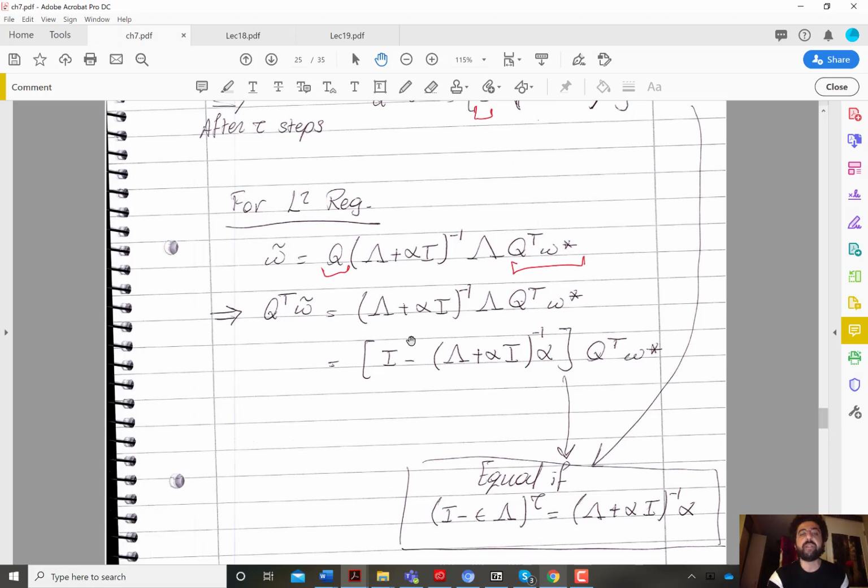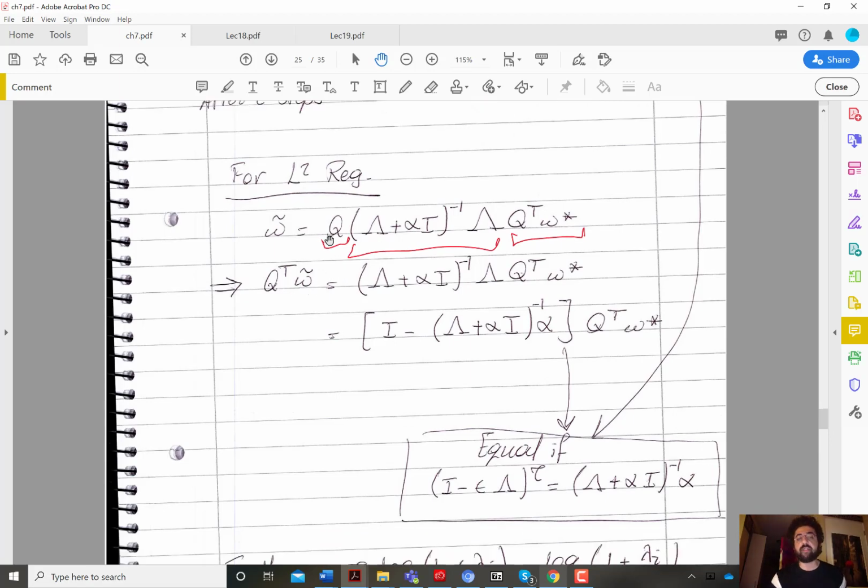And in the middle, you scale by lambda over lambda plus alpha, right? So lambda i over lambda i plus alpha, because this is all diagonal. So this matrix is a diagonal matrix with elements lambda i over lambda i plus alpha, right?